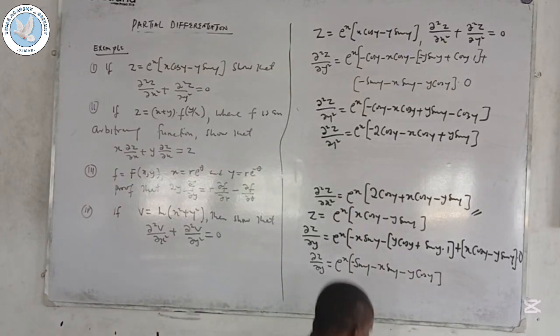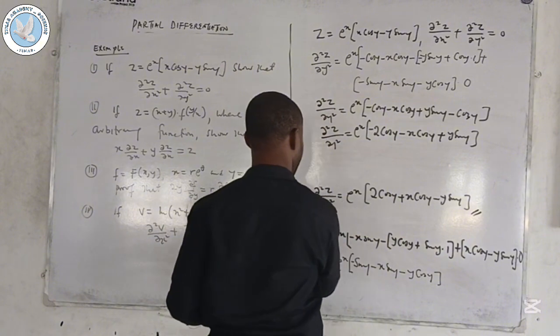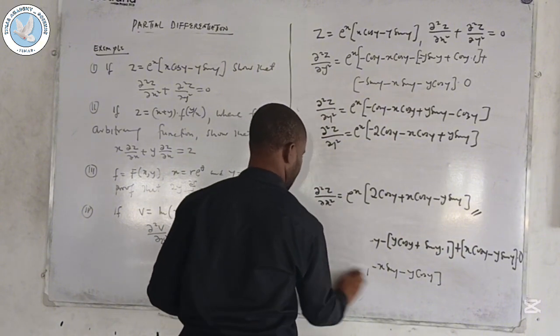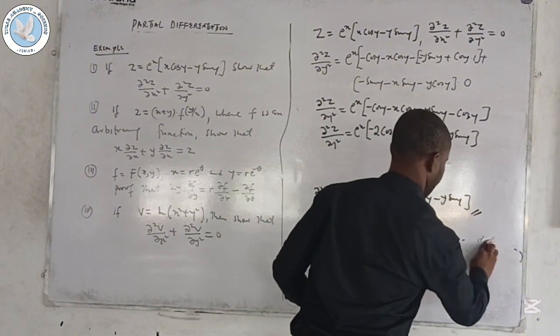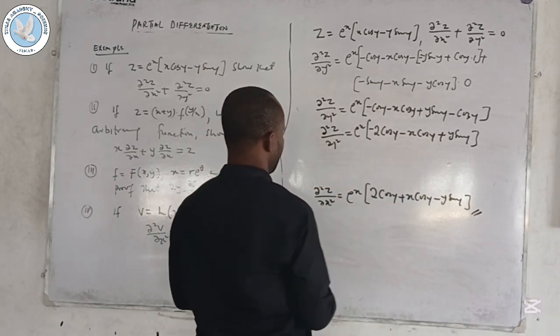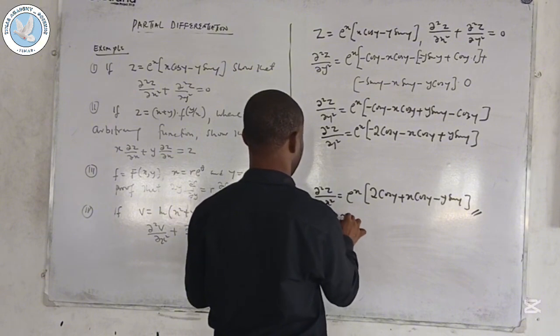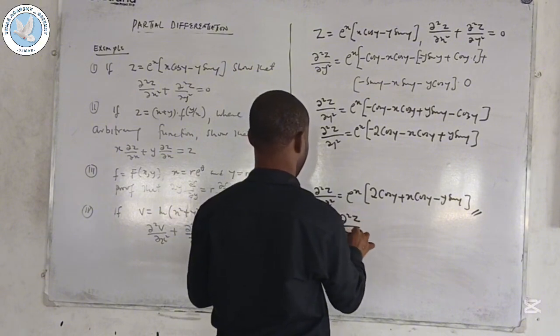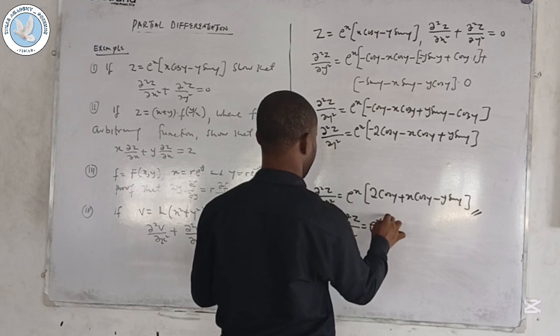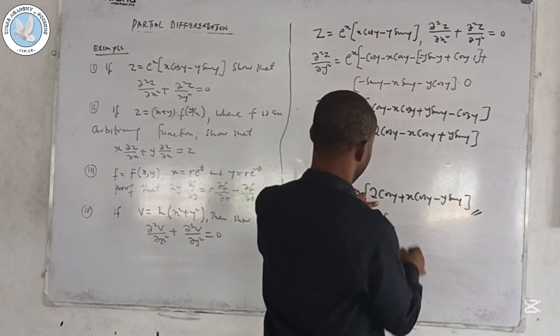So the addition of this will give us what? So let's look at it. The addition of both components, and see what we are going to have. So this with respect to y plus this with respect to x, we have this. So this plus this giving us 0.